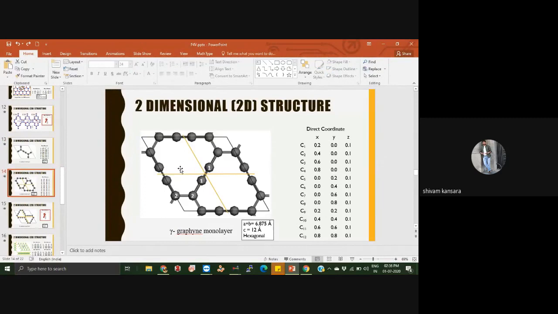Here you can see gamma graphene monolayer. This is the hexagonal system and the atomic positions. Can you see these two alignments? This is the middle line, vertical from the point 0.5, the middle of this figure. This is 0.5 vertically and this is 0.5 horizontally.